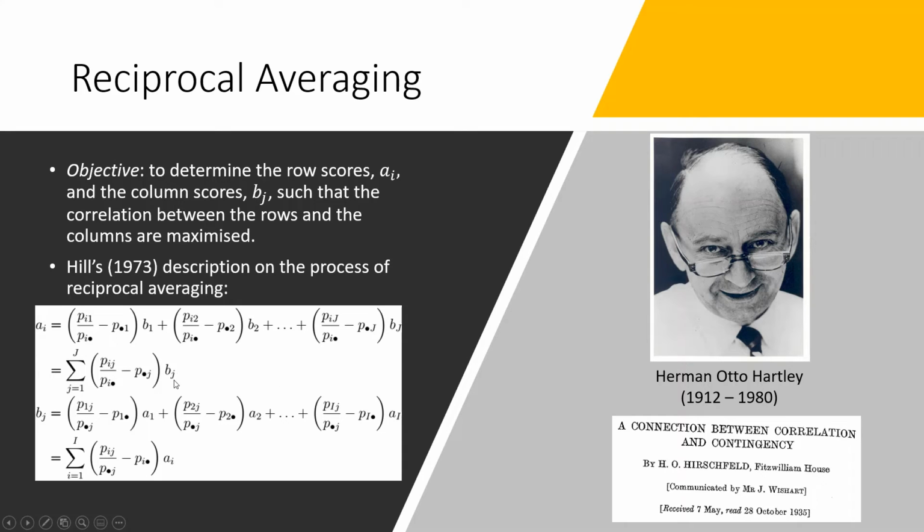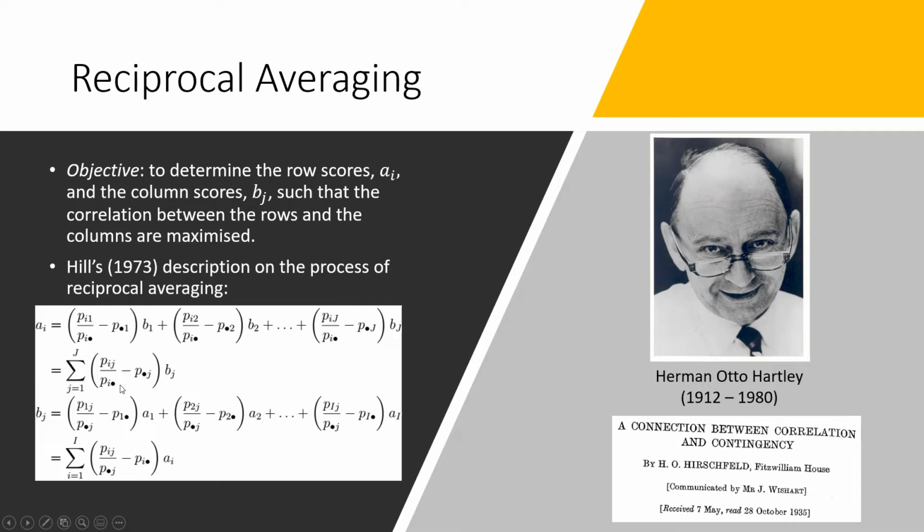An initial value is assigned to either the row score ai or column score bj. Let's suppose we give the column score an initial value. Then we can update the ith row score using the initial value as the weighted average of the ith centered row profile for all the row categories.